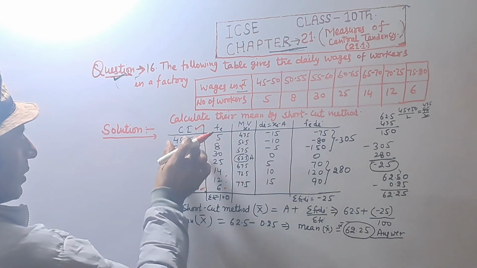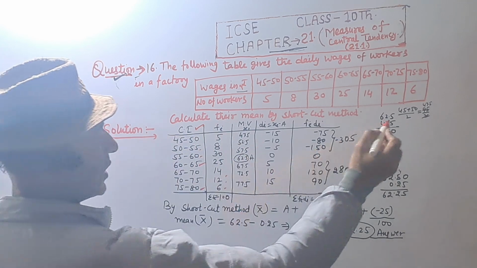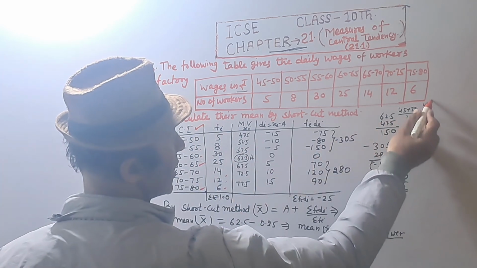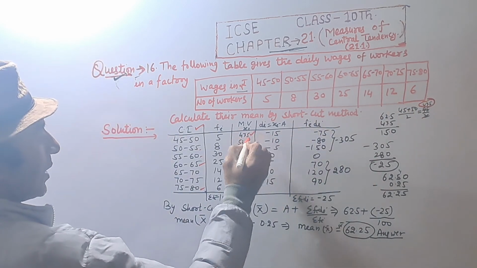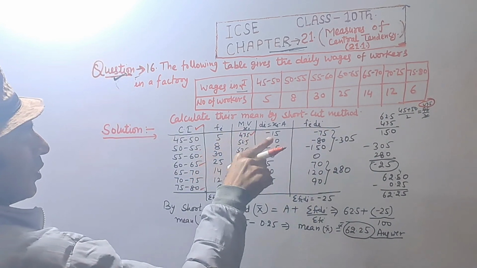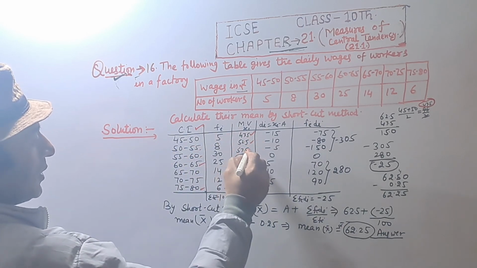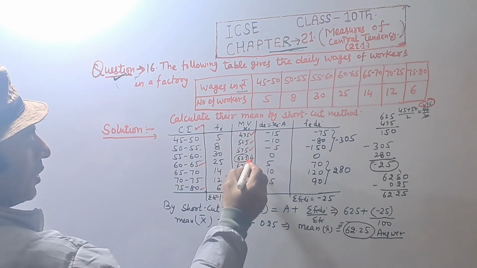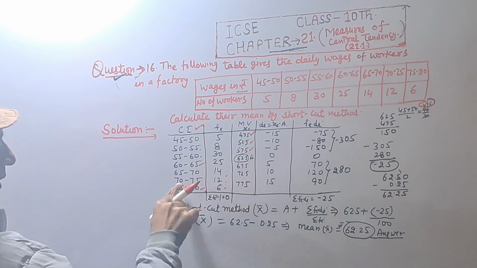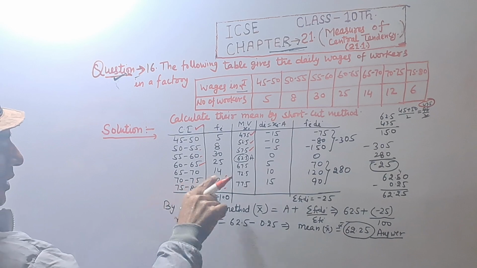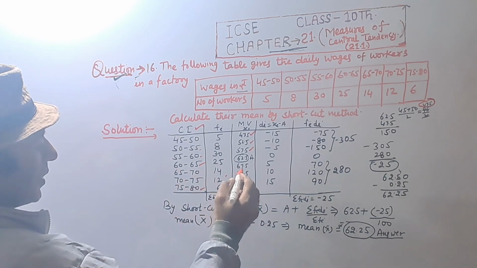Mid value: 45 plus 50 divided by 2 is equal to 95 upon 2, which is 47.5. First value 47.5, then 52.5, 57.5, 62.5, 67.5, 72.5, and 77.5.